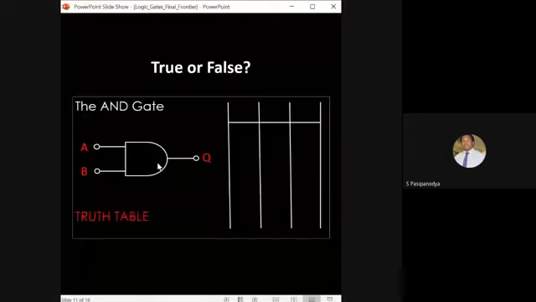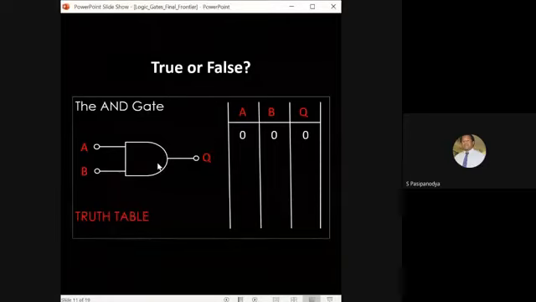So, if we are going to construct a truth table for our AND gate, we have our A, our B, and ultimately we should have our Q. If our A is 0 and our B is 0, our output is 0.